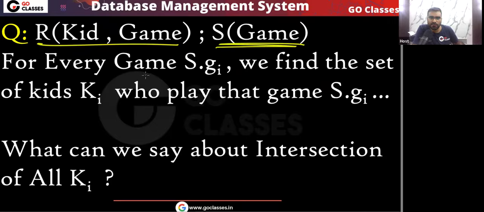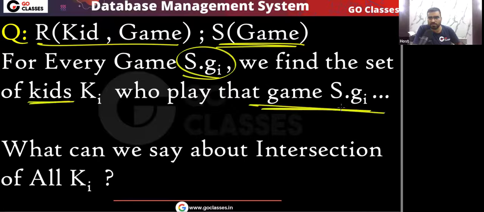Now tell me, if for every s.game we find the kids who play those games, what will be the intersection of these kids? Let's assume here you have cricket and football. For cricket, I find kids who play cricket. For football, I find kids who play football.